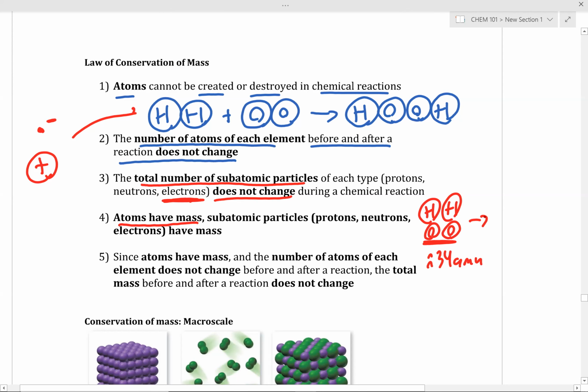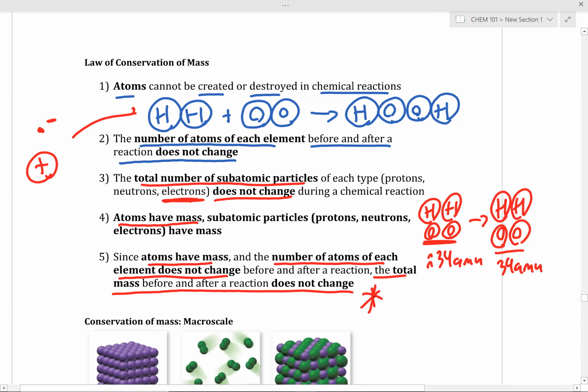If I start with 2 hydrogen atoms and 2 oxygen atoms, and I end with 2 hydrogen atoms and 2 oxygen atoms, will I expect my mass to change? No. So that's 34 AMU. The exact number doesn't matter. The key principle to keep in mind: since atoms have mass and the number of atoms does not change, the total mass before and after a reaction does not change. Mass is conserved during reactions.